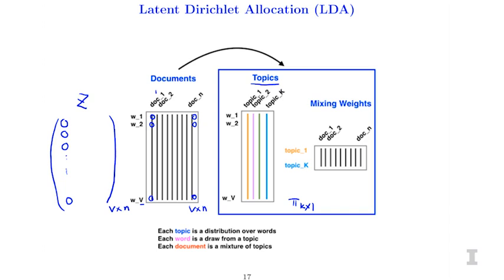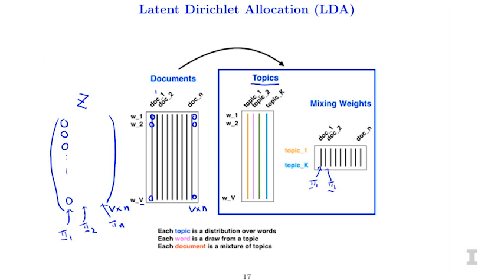And then we can still learn those topics, but instead of learning one mixing weight over the K topics, for every document we can learn a mixing weight, pi 1, pi 2, and all the way to pi n, which is exactly what's plotted here.